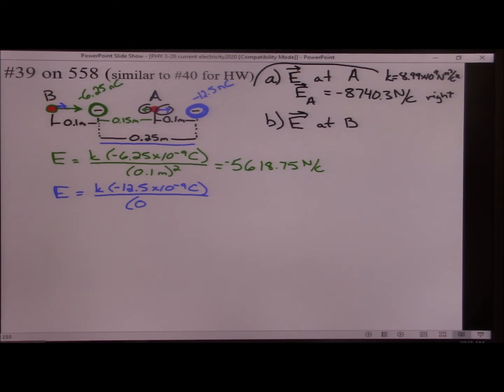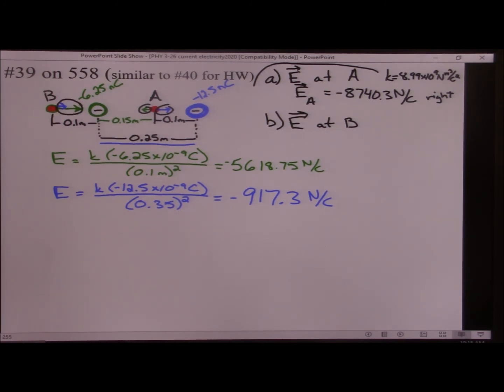So the distance between the blue charge and point B is 0.35 meters, or 35 centimeters. Remember to square that. And we're going to get a very small one, 17.3 newtons per coulomb.